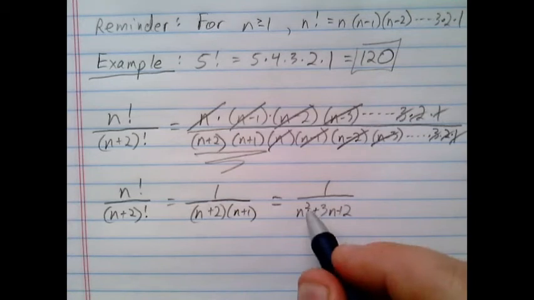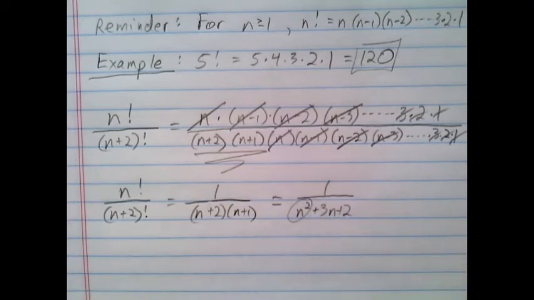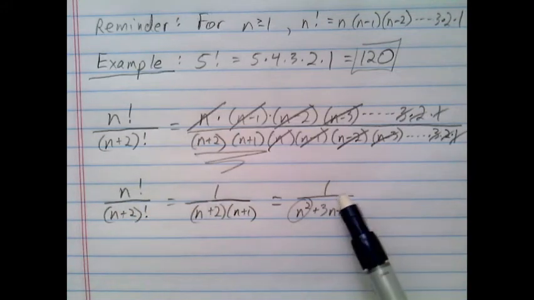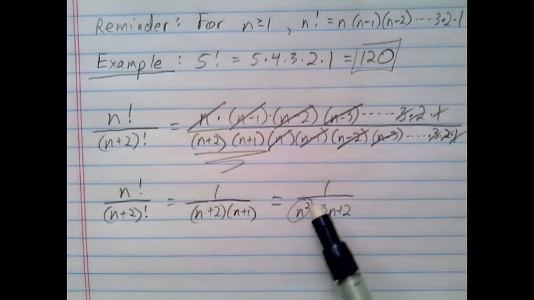Okay, now here's the thing that jumps out to me, that n squared. That highest degree term in the denominator kind of tells me what I should expect this thing to act like. This nth term simplifies to 1 over n squared plus 3n plus 2, which is really pretty similar to 1 over n squared.